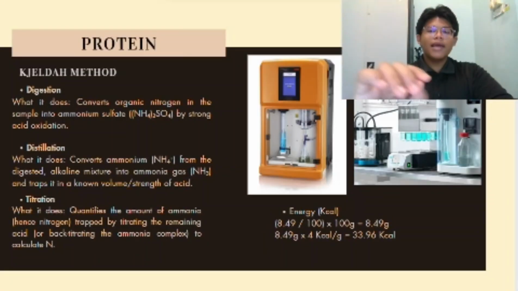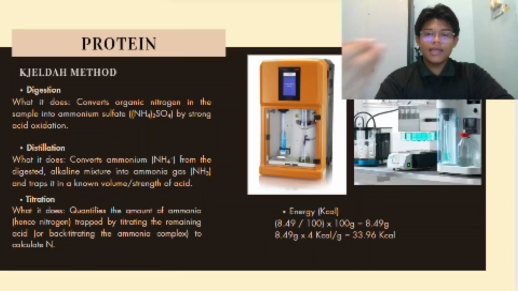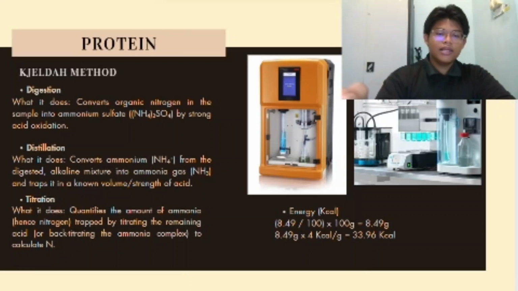So to determine the protein in the food, we use the Kjeldahl method. So this method includes 3 steps, which are digestion, distillation, and titration. So after we do the Kjeldahl method, we have to use the calculation.